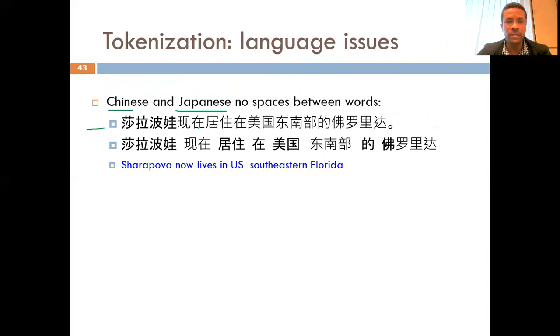For example, they might write it like this, but actually the word boundaries are here. But knowing that word boundary has its own linguistic requirement. So you have to understand how things are written using Chinese and Japanese scripts to say that this is a word and this is not a word. And that's why we say it is a language issue.